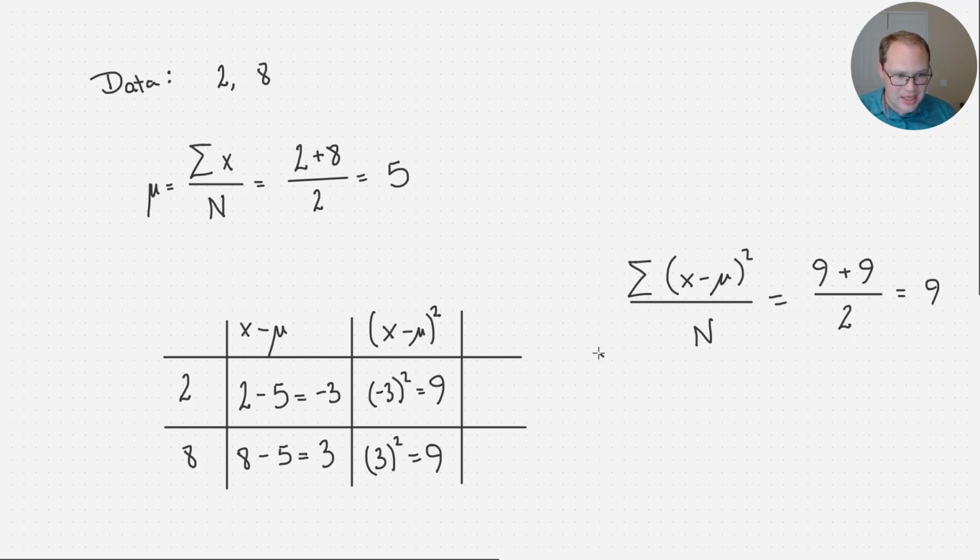Then I'm going to take a square root to correct for the square. Okay, so square root of all of this, and that's going to give us 3. Okay, that is the standard deviation for this data.